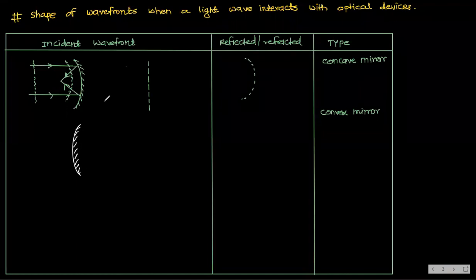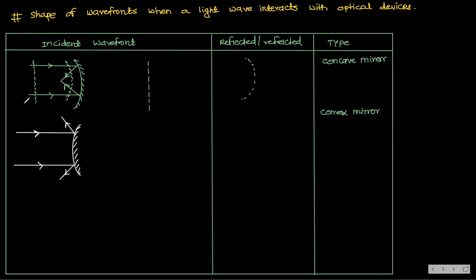And light will be incident like this, which is parallel to the principal axis. And after reflection, what happens there? Light will go like this. Agree with me? Yes, you can see here like this light will go. Right? You know this. We have learned this, right?